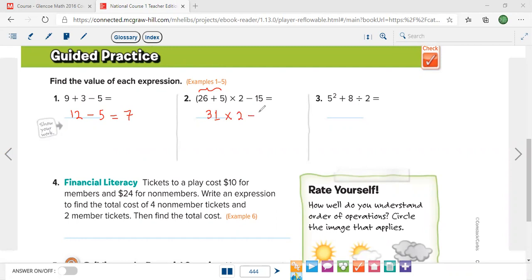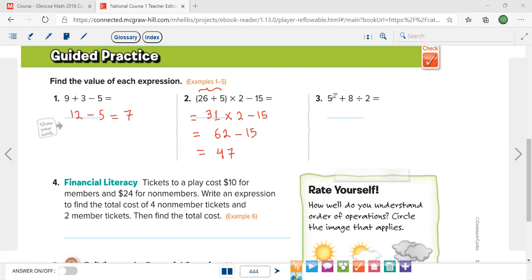Multiply 2 minus 15. So multiplication before subtraction. 31 times 2 will give you 62 minus 15. This will give you 47.